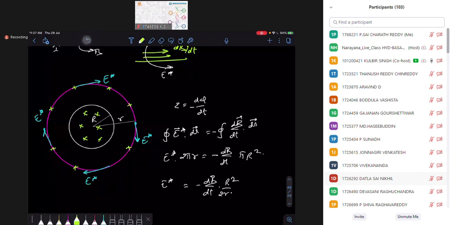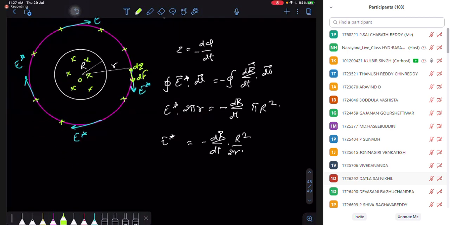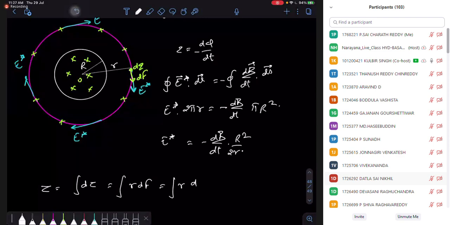Now this electric field has an impact. It will give me a force on these charged particles. And this force on the charged particle is going to give me a torque about the center line. Right? So the net torque is going to be the torque exerted by the small piece. And what is the torque exerted by the small piece?